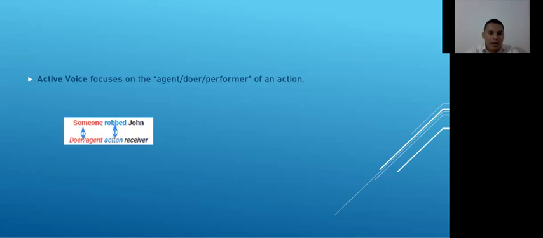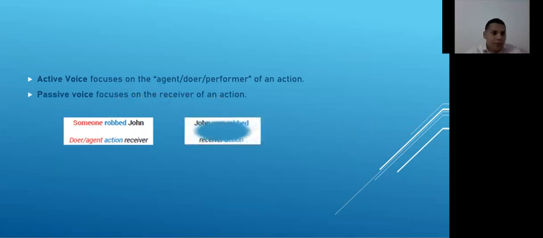Robbed is the action and the receiver is John. But in this sentence, we're focusing on someone. We're focusing on the agent or doer or performer. That is the active voice, when we focus on the doer of the action, like in this sentence. Okay, very different from passive voice because it focuses on the receiver of an action.